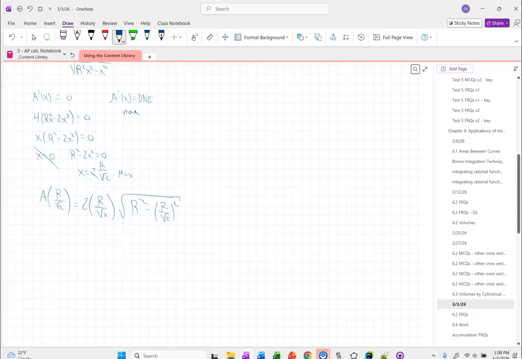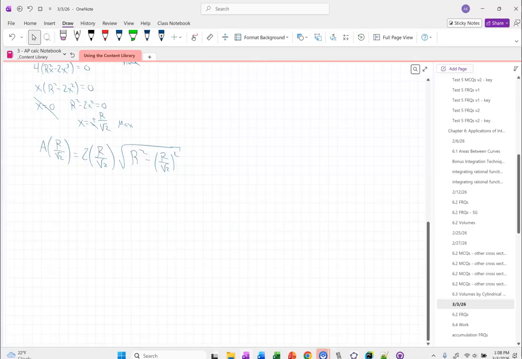Everybody's okay? So this and this reduce, and that gives me just root 2 r. r over root 2 squared becomes r squared over 2. r squared minus r squared over 2 becomes r squared over 2.